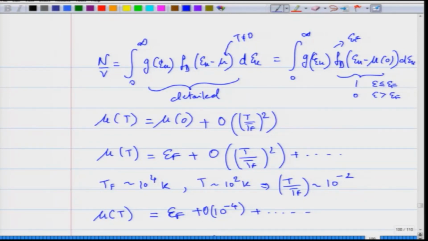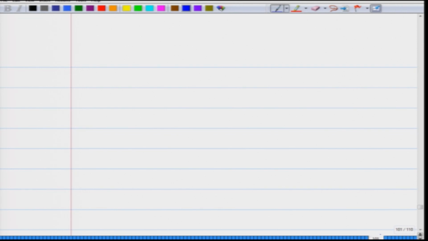So, already you have a correction which is very small compared to the Fermi energy. Although the chemical potential, at 0 temperature, if you look at the Fermi Dirac distribution as a function of energy, it is like this. This is the Fermi energy.